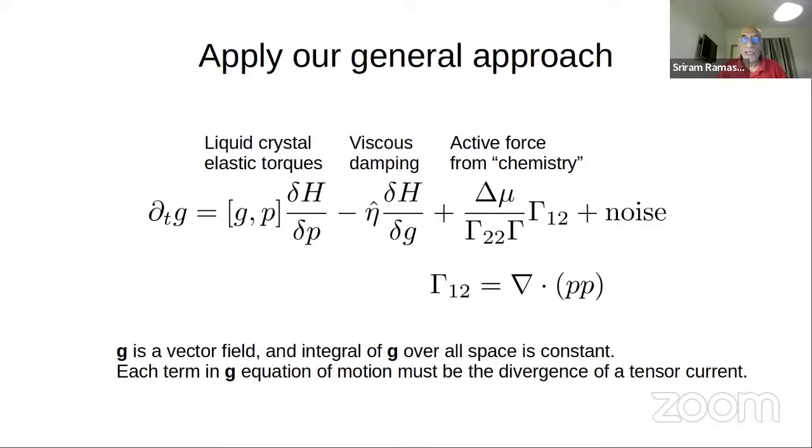So in addition to the dynamics of an ordinary fluid, even in the absence of activity, you have non-trivial dynamics coming from the back and forth coupling between orientation and flow. If you have a region where the orientation is not uniform, that creates torques which generate flow in the fluid from the elasticity of the liquid crystal.